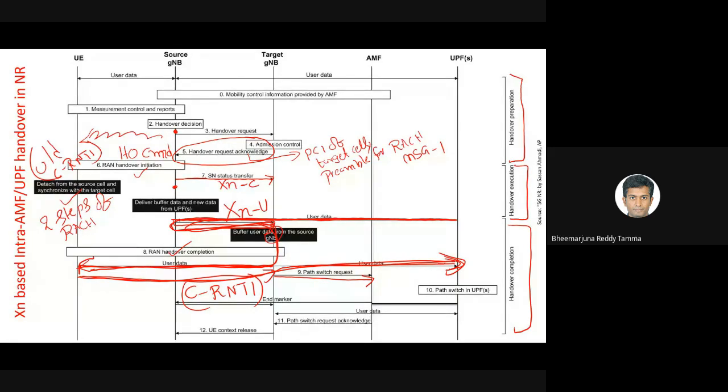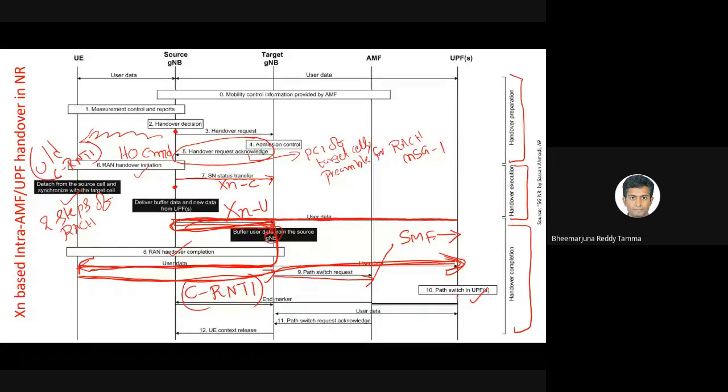What the AMF does is forward it to the SMF, and the SMF will convey that to the UPF. So finally at the UPF, we are actually switching the path. Basically, now we are telling the UPF that for this particular user, start forwarding to the target gNB rather than the source gNB.